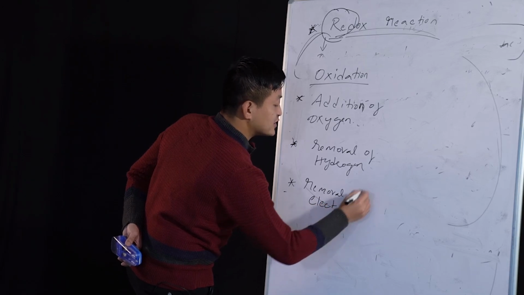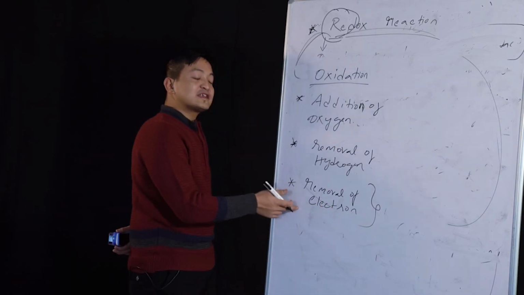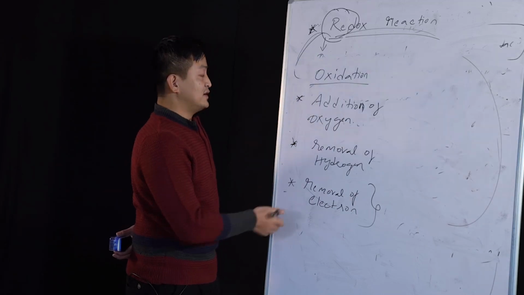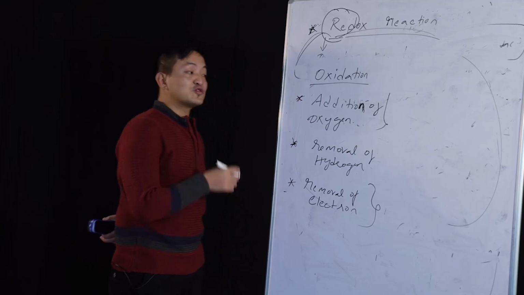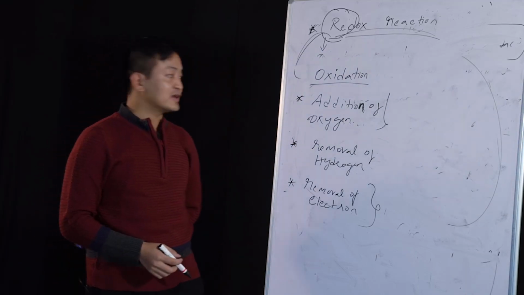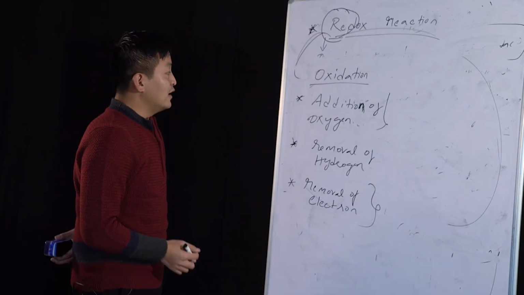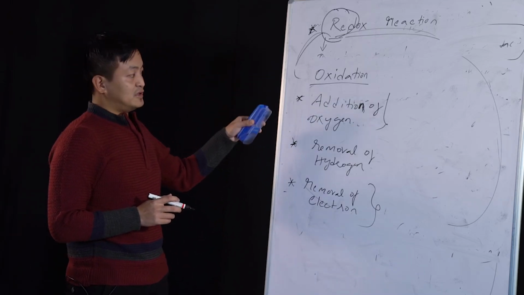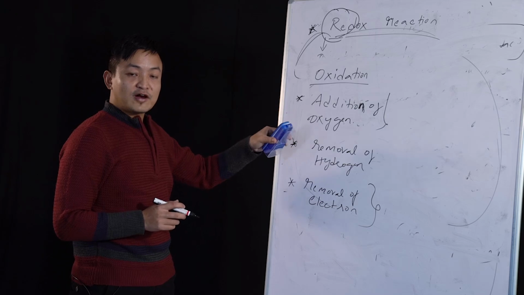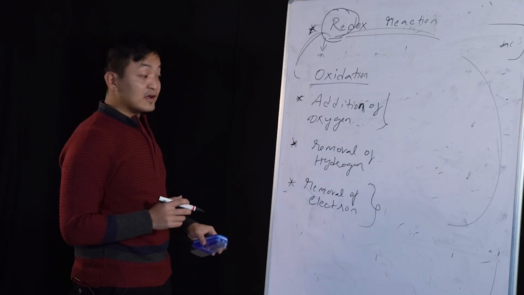This third point you'll study in more detail in class 11. In your textbook, they have mentioned more about the first point, so we'll focus more on addition of oxygen here. So I have given three main points for oxidation: addition of oxygen, removal of hydrogen, removal of electrons.